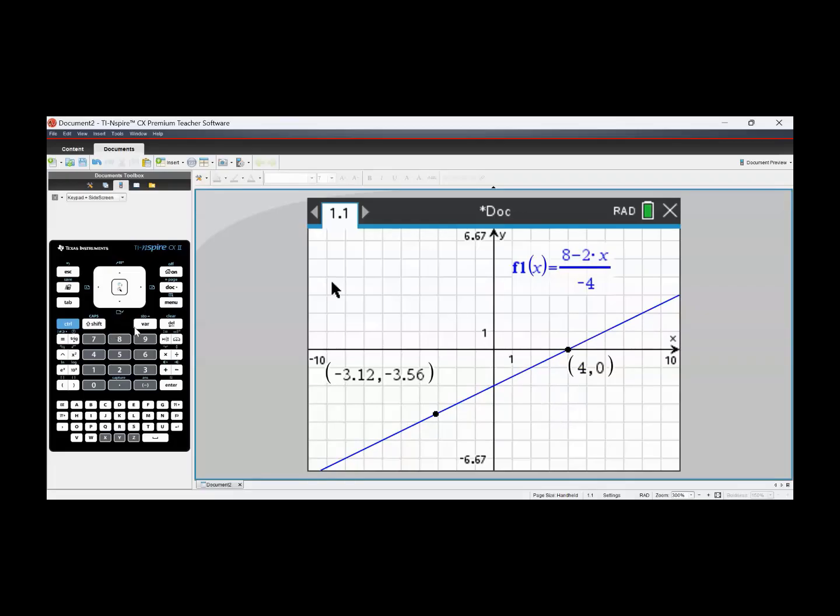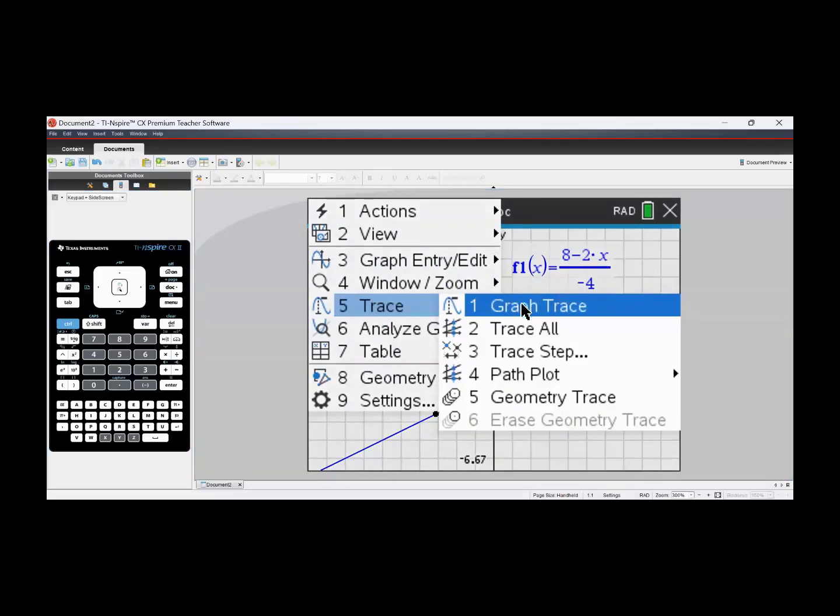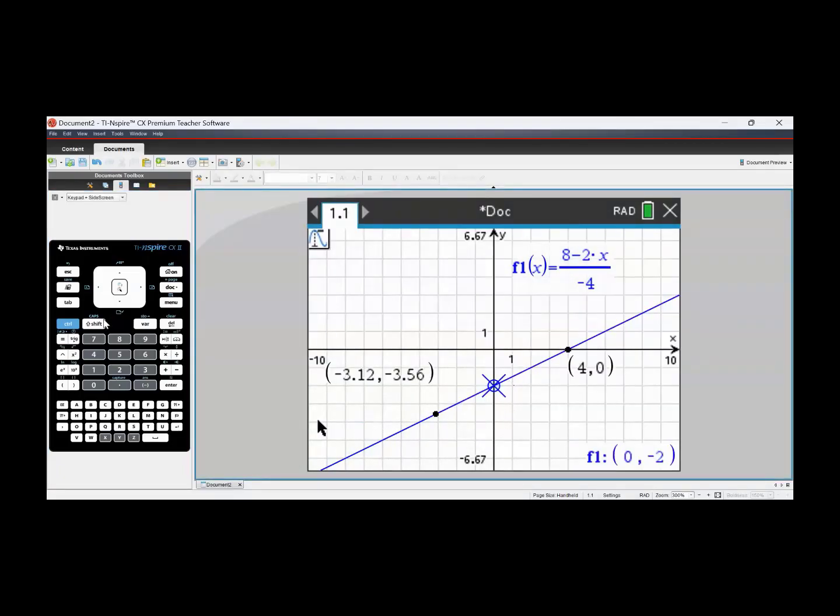Another thing we can do is go to menu, trace, and graph trace. It's usually going to start when x is 0. Notice I'm going to go a little bit to the left, and as I move back towards the right, look at that. It says y-intercept. If you hit enter, it's going to drop a point there.